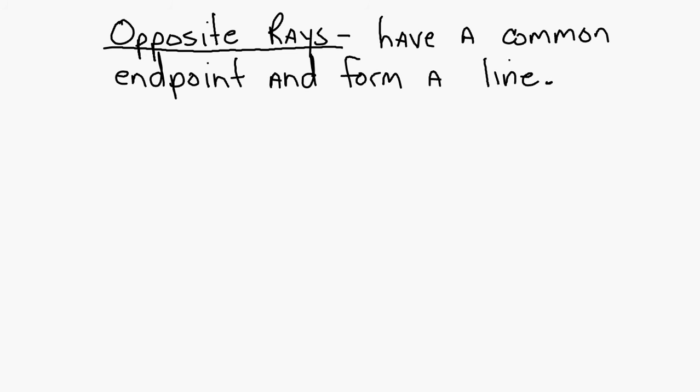So in order to have opposite rays, what's the first thing you have to have? You got to have a line, don't you? Because opposite rays form a line. So there's your line. They have a common endpoint. Let's call their common endpoint right here. We'll call it C.